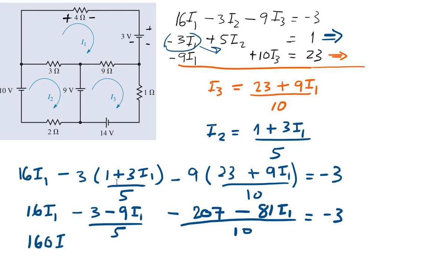160 I1 minus 6 minus 18 I1 minus 207 minus 81 I1 equal negative 30. So now we take those numbers, this negative 6, negative 207, to the other side, and we add up those.